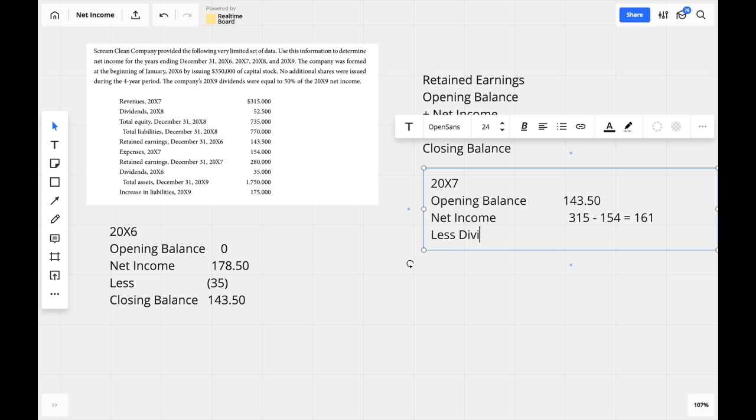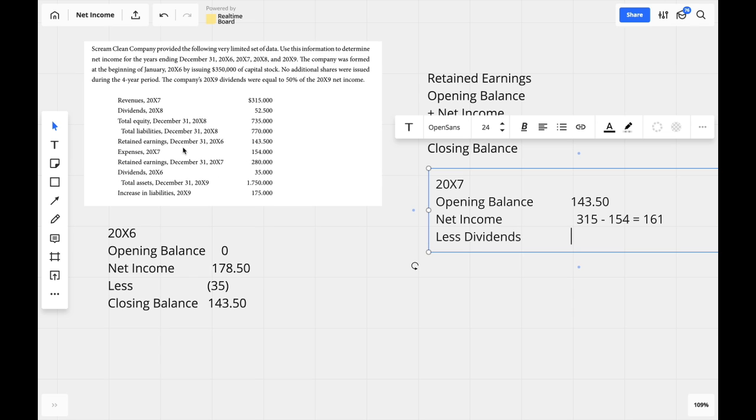The dividends, let's work out what that could be. Now, do we know what the dividends are for 20x7? There's no information there, to be honest, that tells us what the dividends are. But we do know the retained earnings closing balance for 20x7 is going to be $280,000.